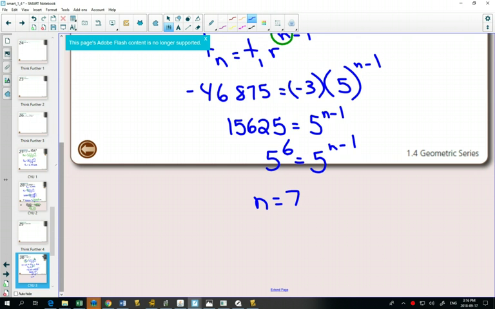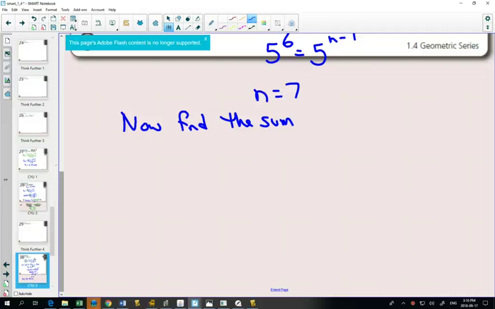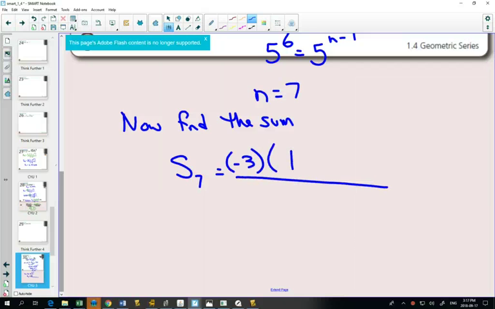And now we found n. Now that we can go back to that first formula, and now we can find the sum. We want to find the sum of the first 7 terms. We know term 1 is -3. We know that r was 5.